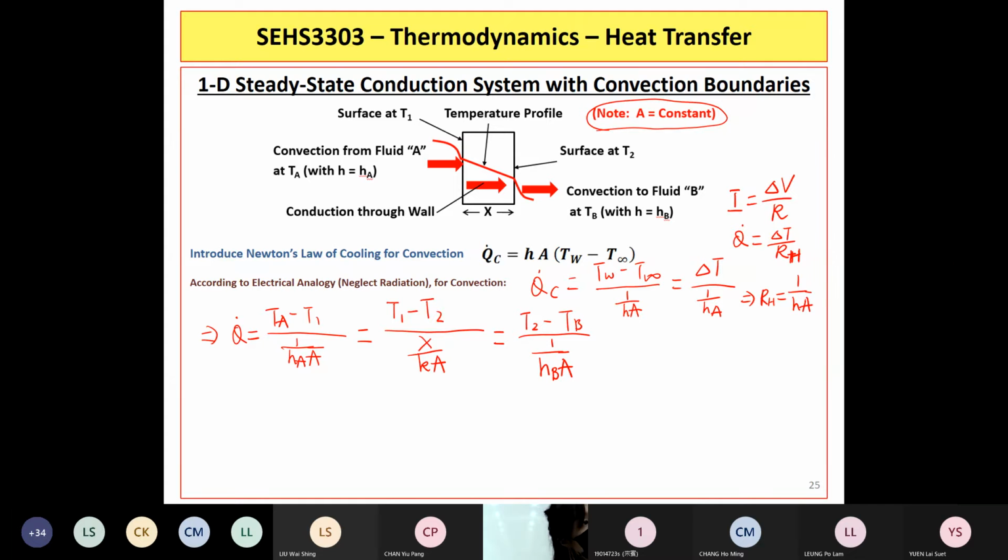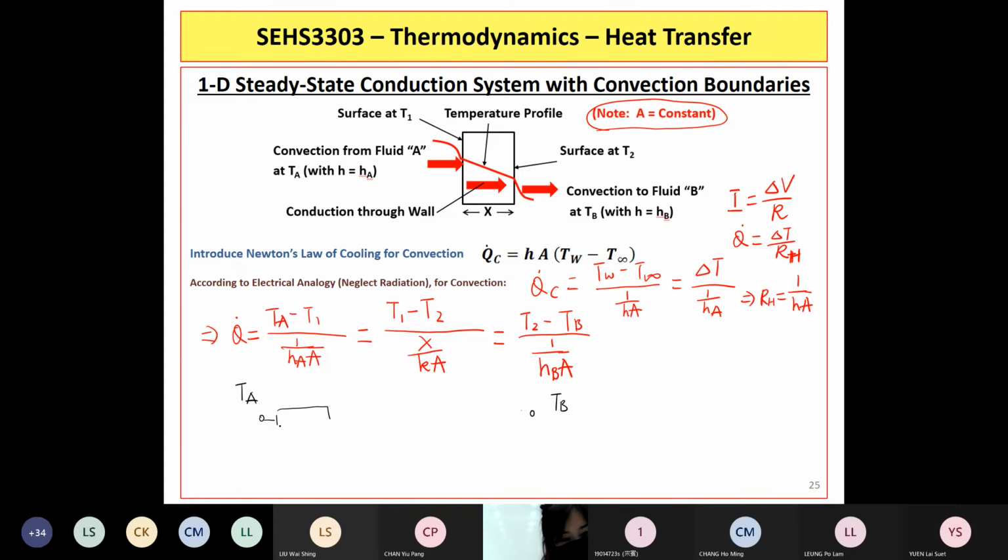Again, we can sketch out the circuit. At this end, we have T_A, right? At this end, we have T_B. In the middle, we have the first thermal resistor for the convection from fluid A to the surface.